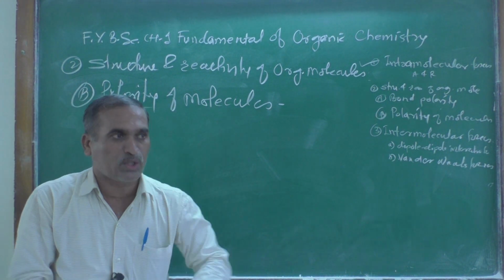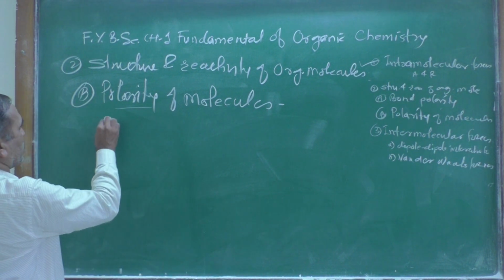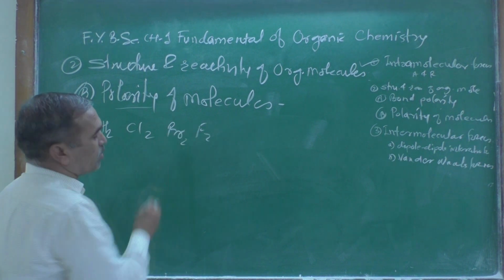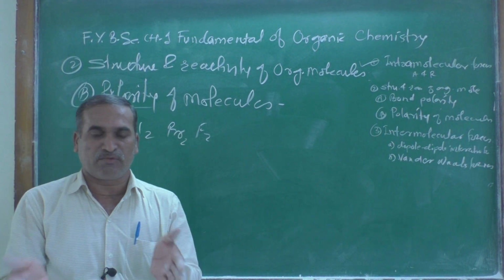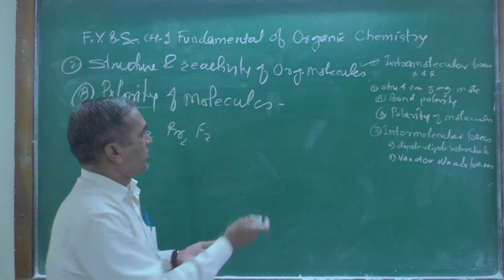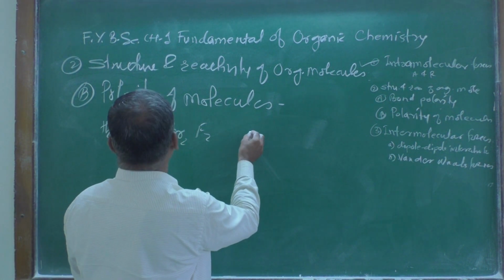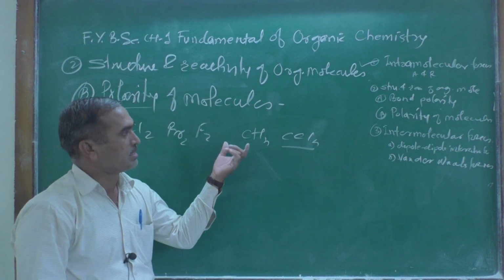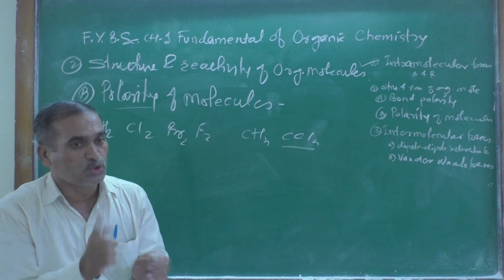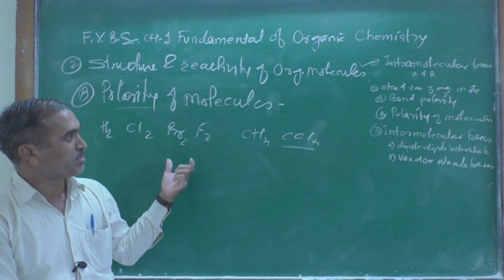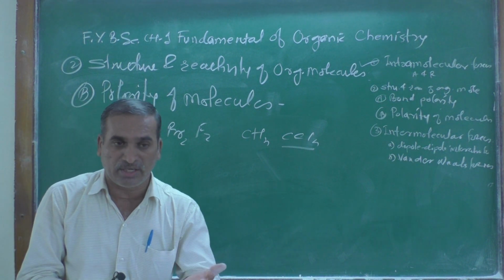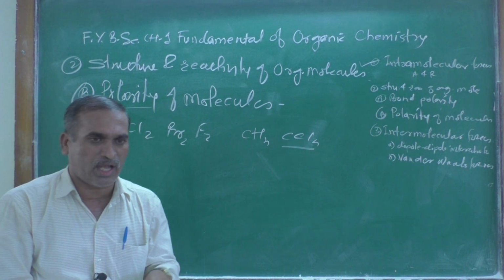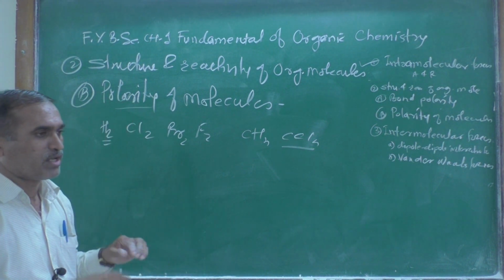If the molecules are homoatomic molecules like H2, Cl2, Br2 or F2, all homoatomic molecules, or let us see what we can call CH4 or CCl4, these molecules do not show a difference in their electronegativity. Means here the sharing of electrons is equal.